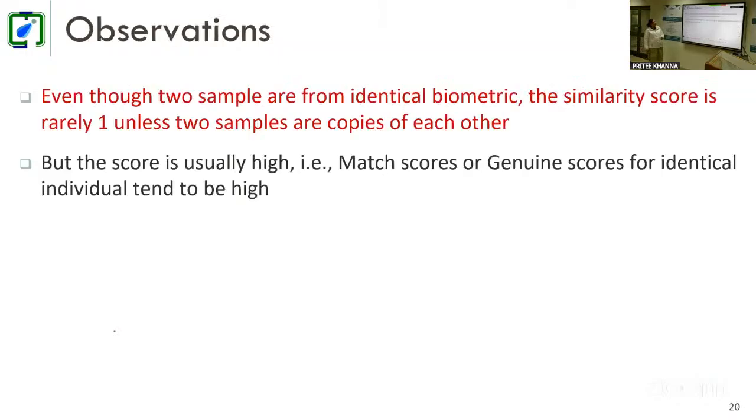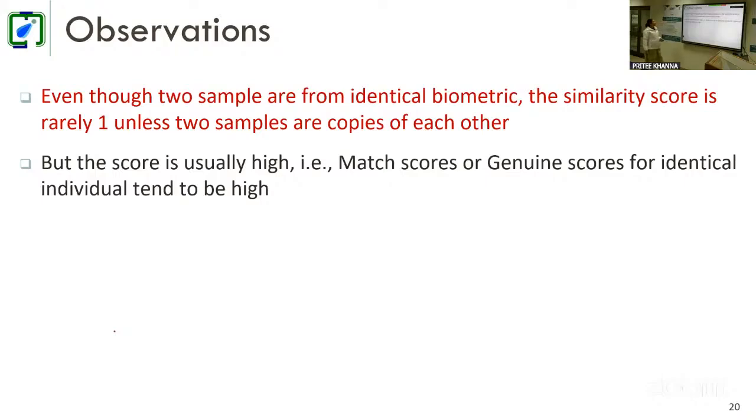Now, what are the operations? Remember the code Dr. Raja was showing you, where the matching came out as one when the same copy of the template was used. You are not saying it is a template of the same person; one is copied, and then you calculate the distance.